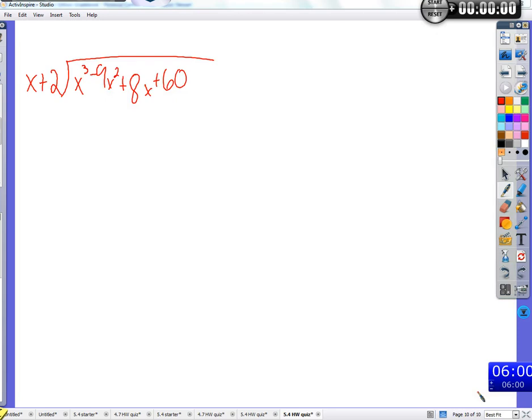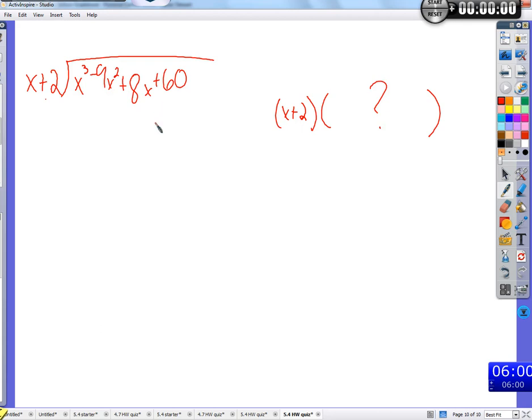Okay, so to say that we're dividing this by this is to say we're looking for whatever this is that we can multiply by x plus 2 to get this. Good?